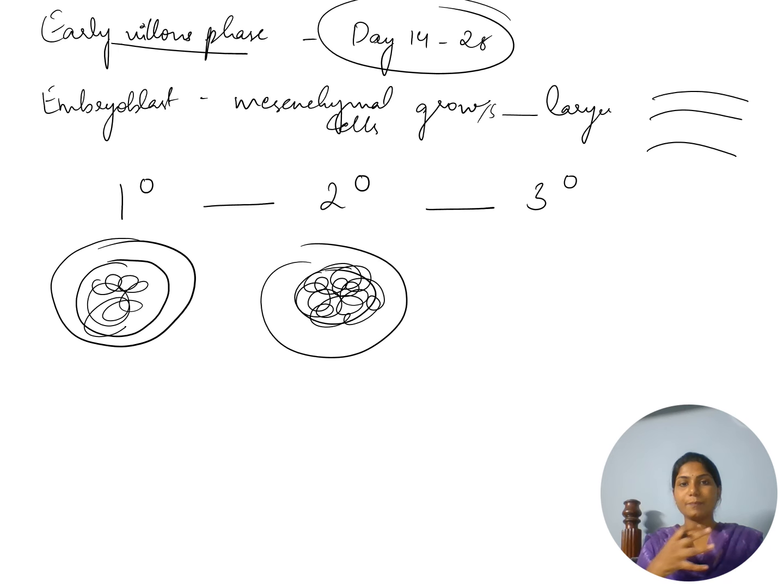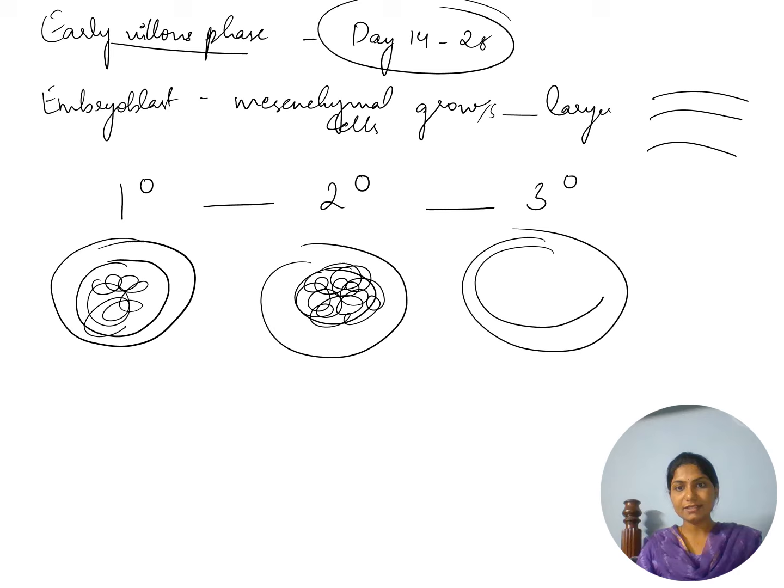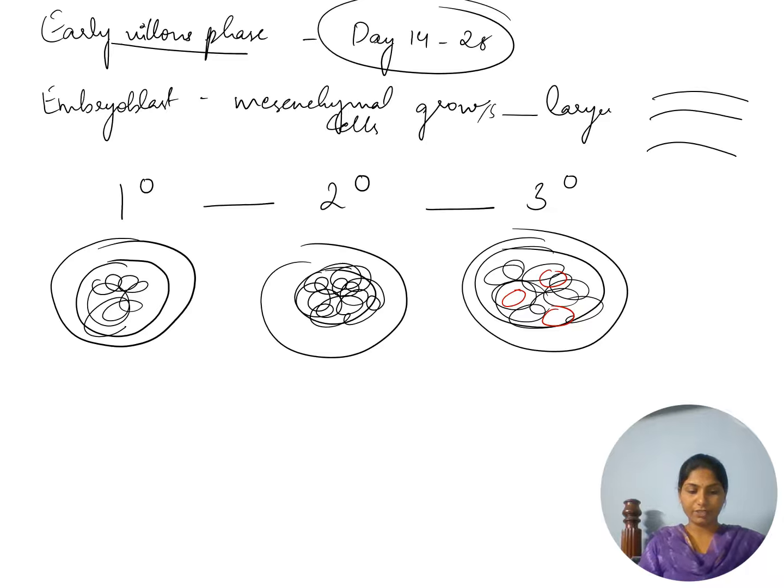And once the mesenchymal cells have grown into the layer of cytotrophoblast and syncytiotrophoblast, there is something called the tertiary villi, which is the syncytiotrophoblast, cytotrophoblast, the mesoderm, and the placenta starts developing the vasculature. These are the vessels which are appearing, and this is called a tertiary villi. So the formation of primary villi, secondary villi, and tertiary villi happens in the early villus phase.